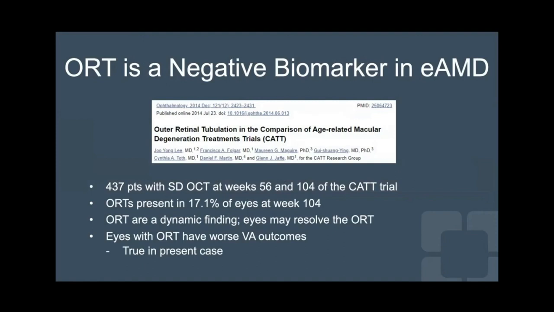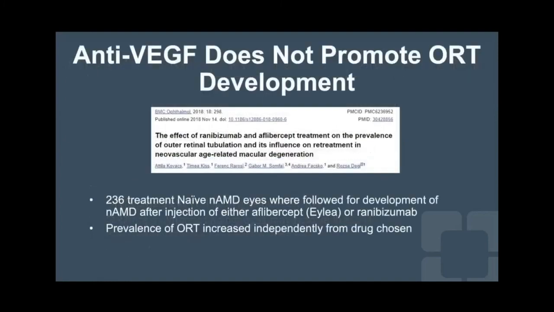This is actually from the CATT trial. ORT was present in 17% of eyes, and it was a dynamic finding that eyes may resolve the ORT over time. But ORT has worse visual outcomes, as true in the present case, because they're also associated with more macular atrophy. And so that's where this ORT can be helpful to detect, to see if you should inject this patient or just watch the patient over time.